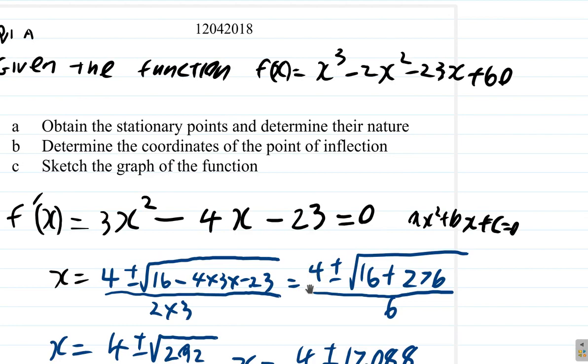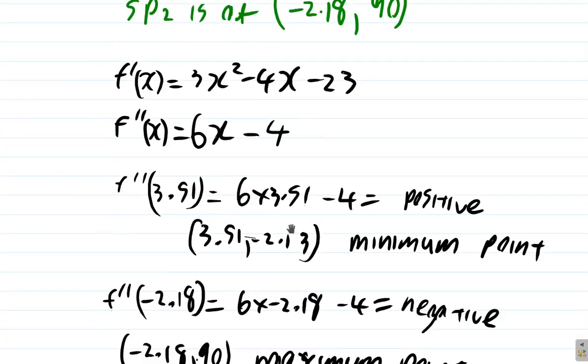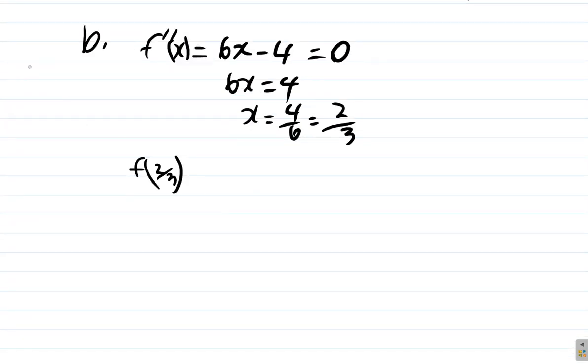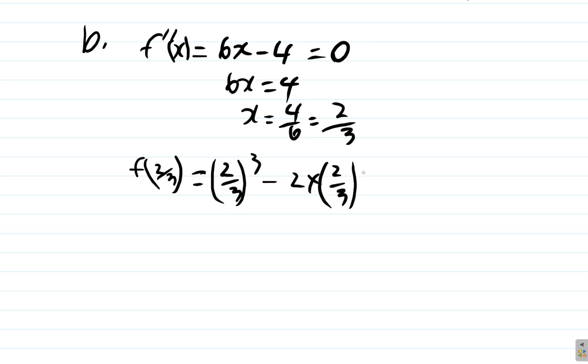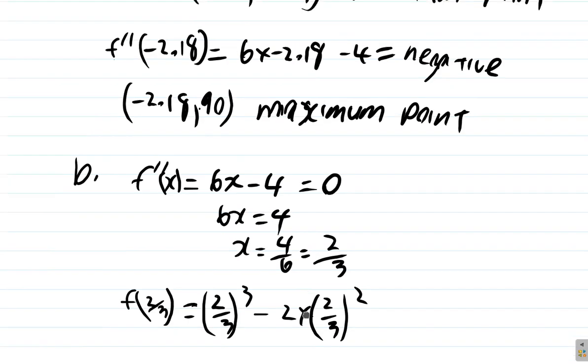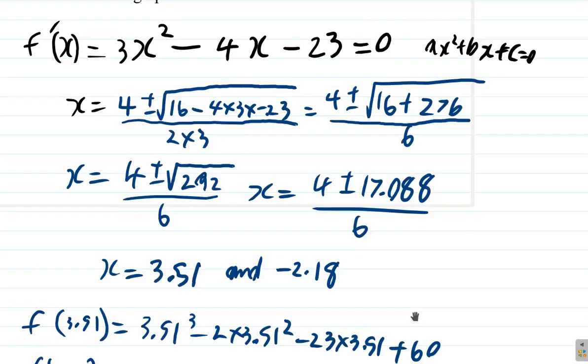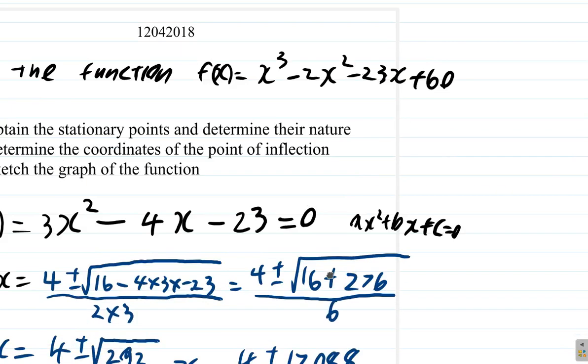X cubed minus 2x squared is going to be x cubed, which is 2/3 cubed, minus 2 times 2/3 squared. What else do we have there? Minus 23x plus 60.